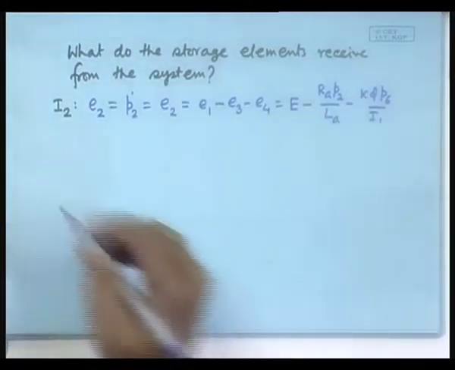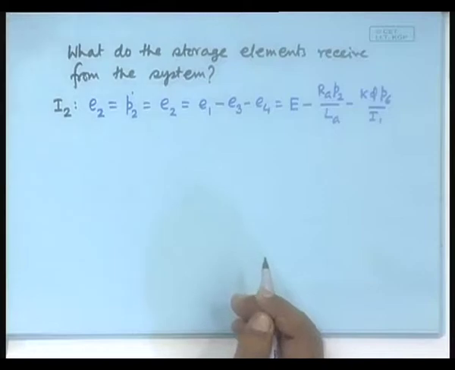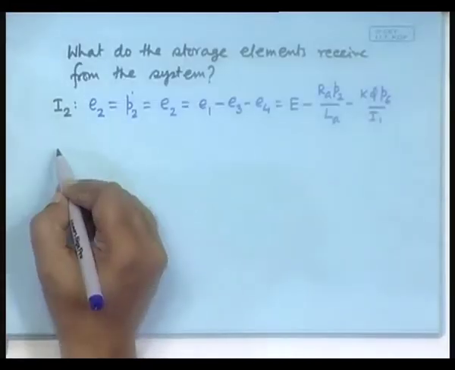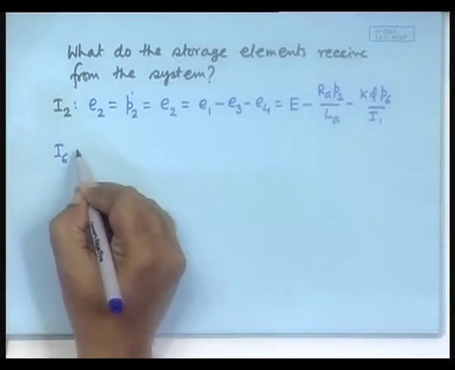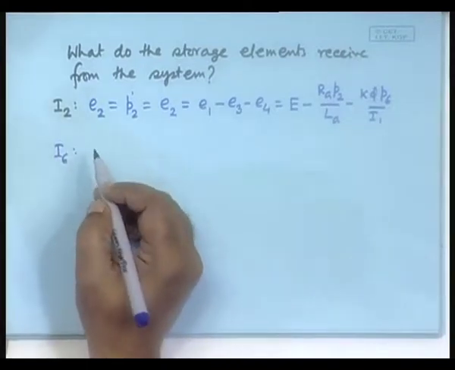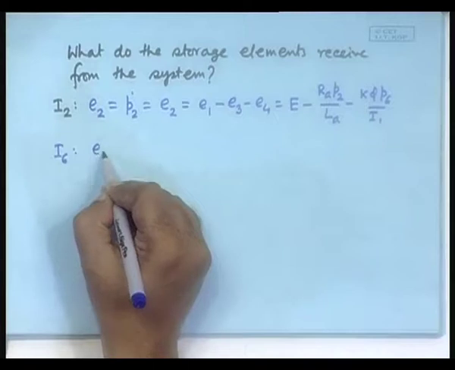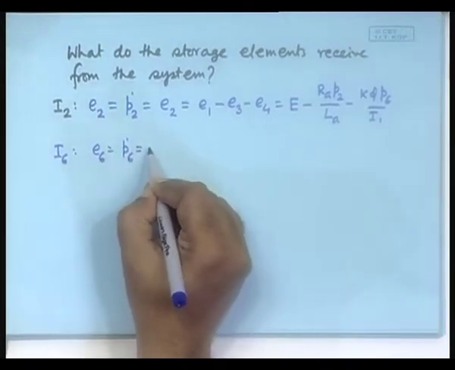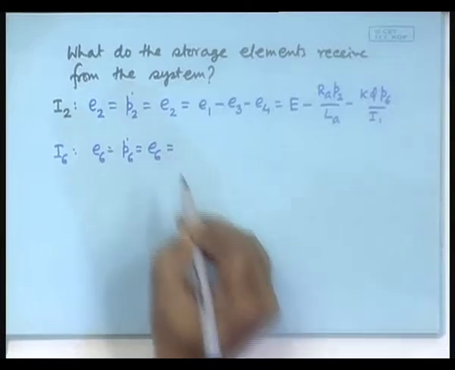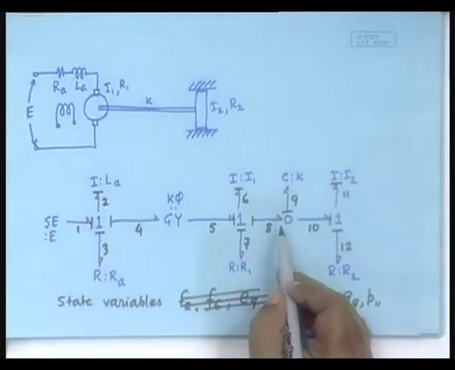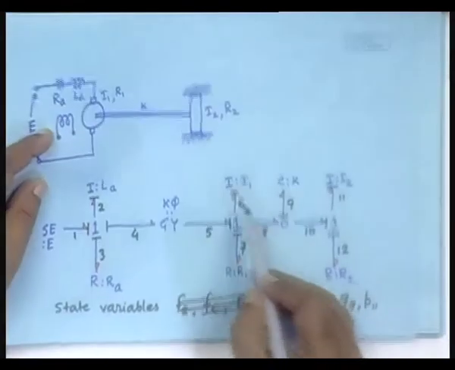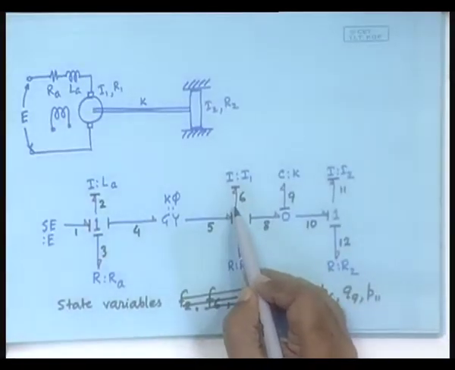Now, let us ask this question to I6. It receives E6, which is equal to P6 dot. Where did E6 come from?